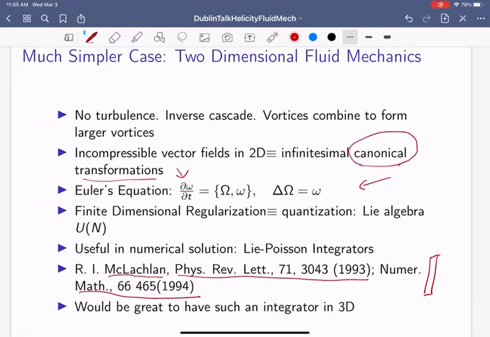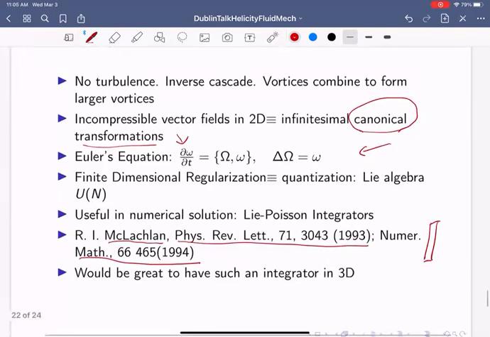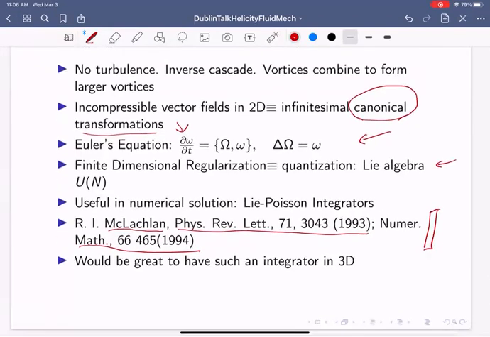The classical theory is that incompressible vector fields are infinitesimal canonical transformations. Now, the problem that McLaughlin showed is solved is to find a finite dimensional regularization.